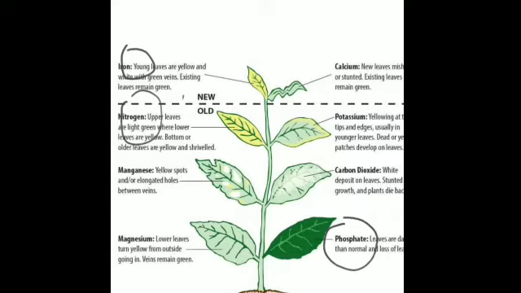So I'll just revise once more. Nitrogen is an essential constituent of all proteins and chlorophyll. Phosphorus is also a constituent of certain proteins and cell membrane. And potassium is involved in the opening and closing of stomata.